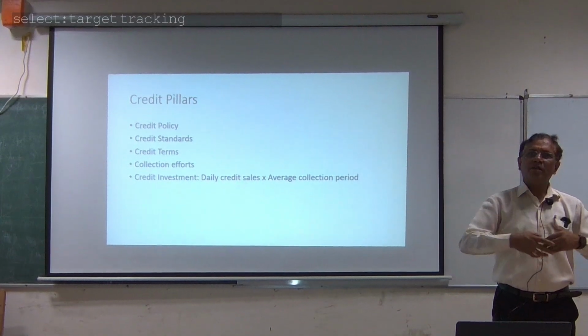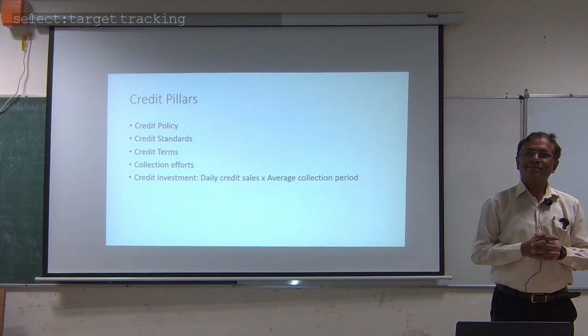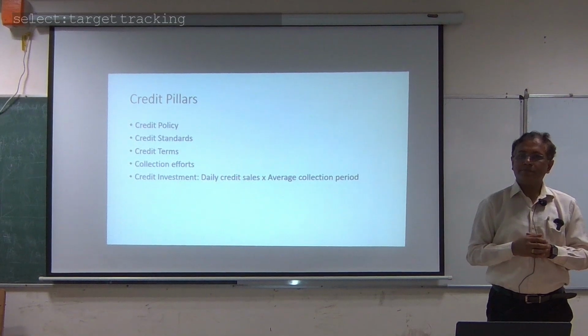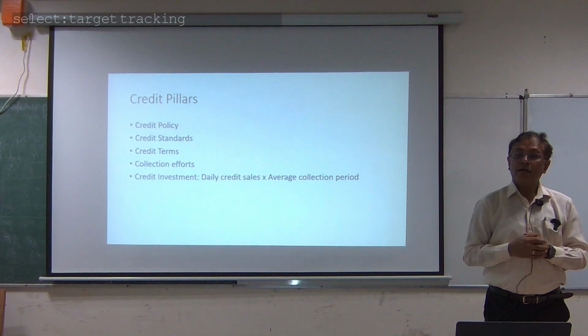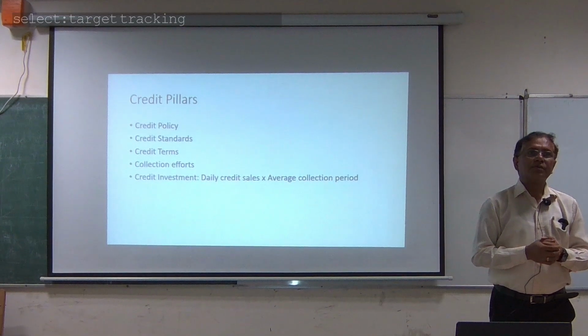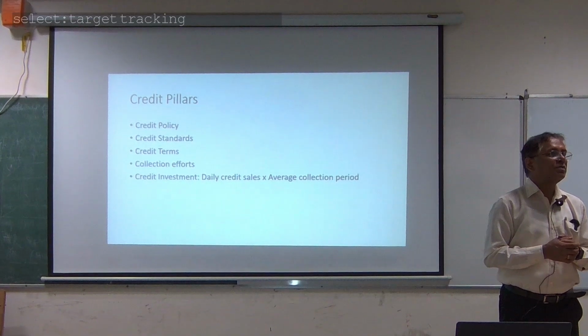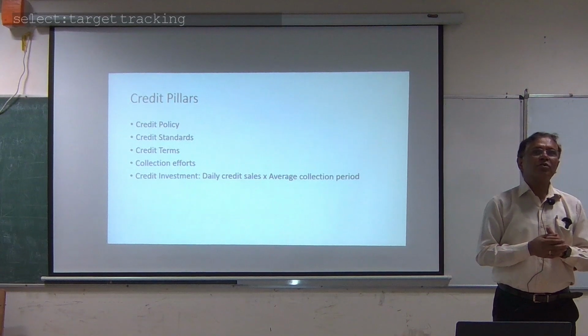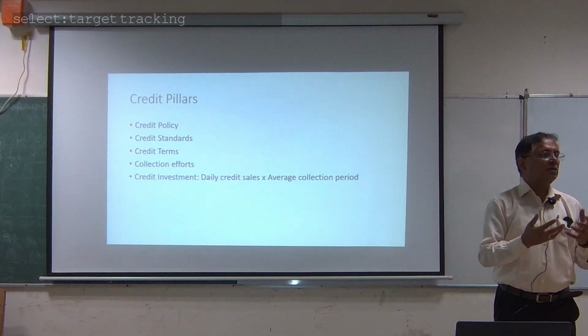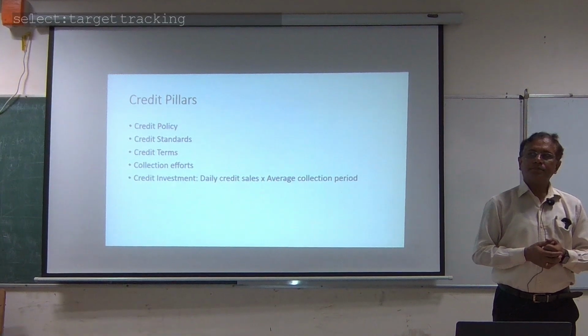How do you make a policy? Very simple policy: I'll not extend any credit. Or I'll extend credit to A, B, C customers but not to D customer. Or to a certain percentage of the sales amount. That is what you decide about: how policy is going to be set, what kind of policy is going to be set. Whenever we say the word policy, you know it is niti. You make that.